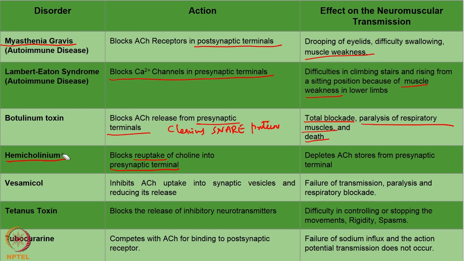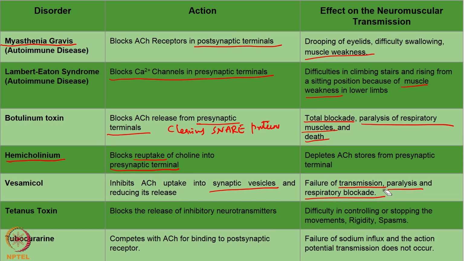Vesamicol inhibits acetylcholine uptake into synaptic vesicles. Basically it blocks packaging of acetylcholine into the vesicles, thus reducing the possibility of its release. Essentially this leads to a failure of neurotransmission, paralysis, and when it reaches the respiratory system, respiratory blockade, right.